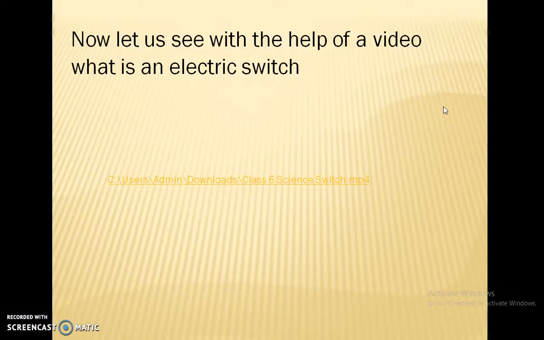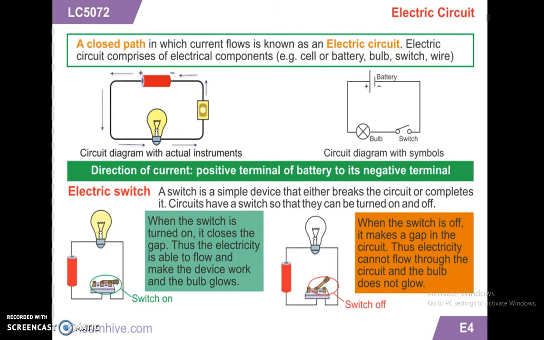So as we could see in the video, the electric switch plays a very important role in an electric circuit. Now, what is an electric switch? It's basically a simple device that either breaks the circuit or completes it. Circuits have a switch so that they can be turned on and off.